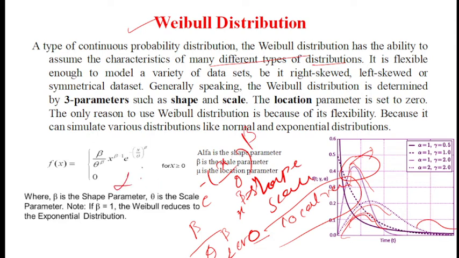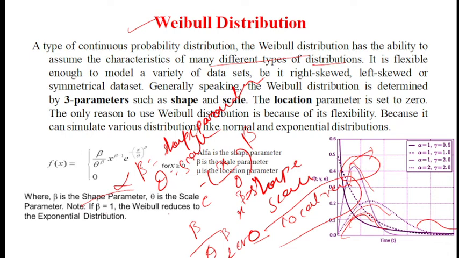Here beta is the shape parameter, indicating the shape, whether it is left skewed or right skewed, or whether it is symmetrical. And theta is the scale parameter. Theta indicating the scale. Mu is the location parameter.